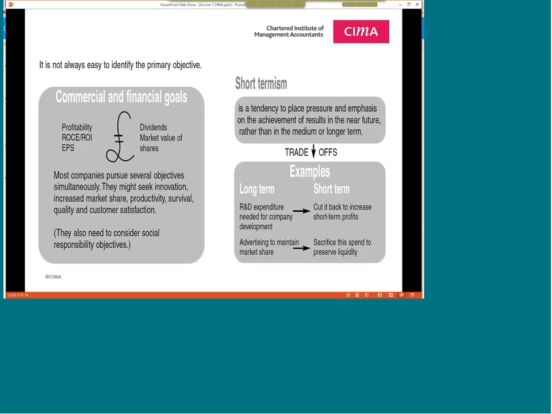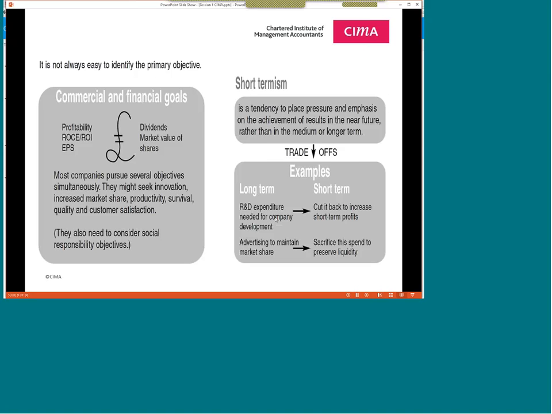You have an example there: a long-term goal can be research and development expenditure, which is needed for company development. However, in the short run, it will cut profits. So it contradicts short-term and long-term. And in this sense, if innovation is really important for the organization, they would go for long-term rather than short-term wins.